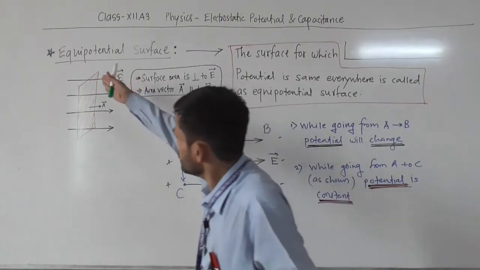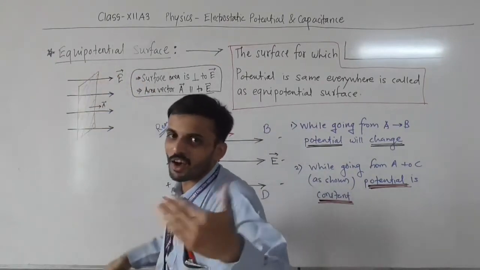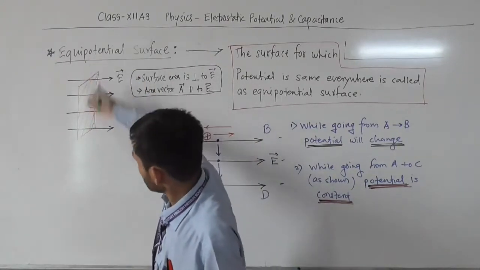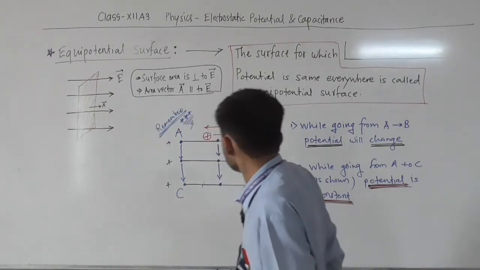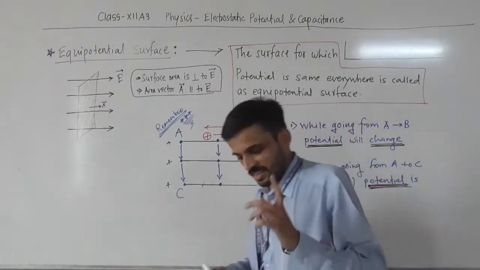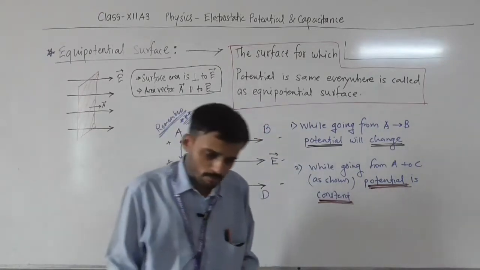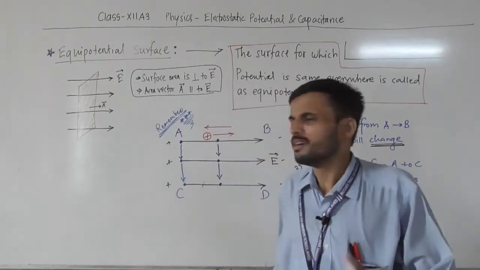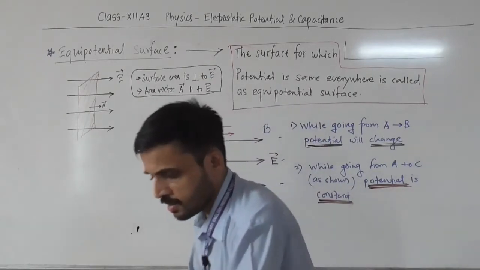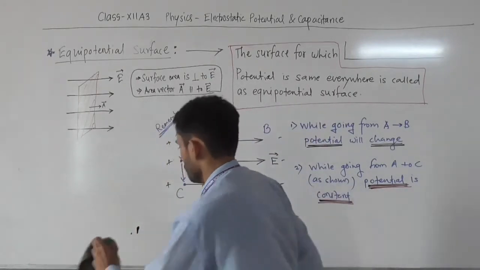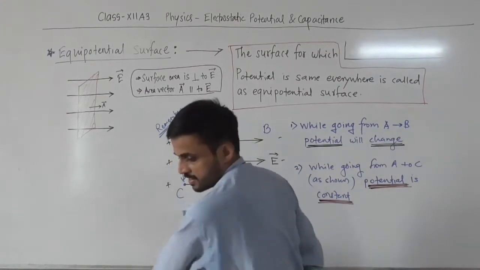But here we are not going along the electric field. We are going perpendicular to the electric field. Correct? Then always there is a constant potential over that surface.